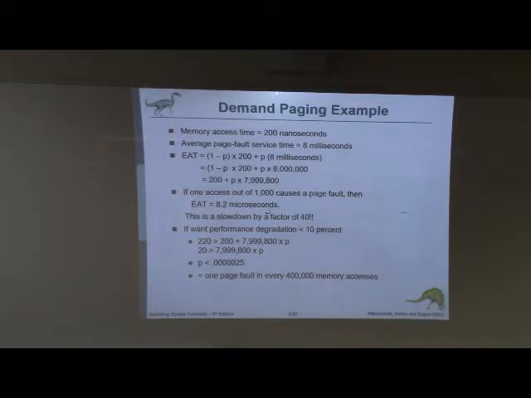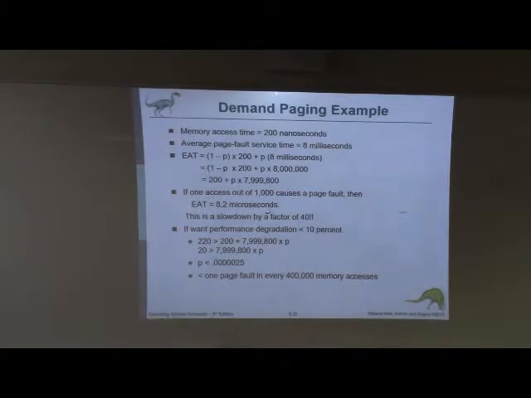Milli is minus 3, and micro is minus 6. Nano is minus 9. Okay, then there is the 200 times something like that. If we know the ratio between valid and invalid, we can calculate the effective access time, how much cost that incurs.